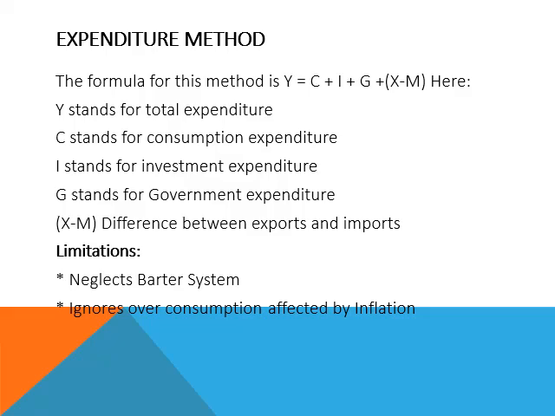The formula of the expenditure method is Y equals C plus I plus G plus (X minus M), where Y stands for total expenditure, C stands for consumption expenditure, I stands for investment expenditure, G stands for government expenditure, and X minus M is the difference between export and import, or net export.